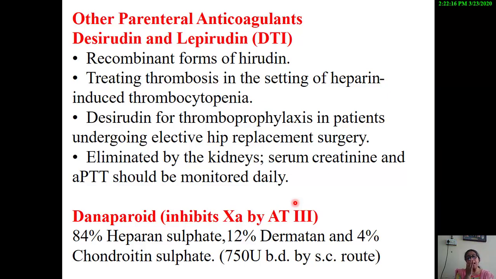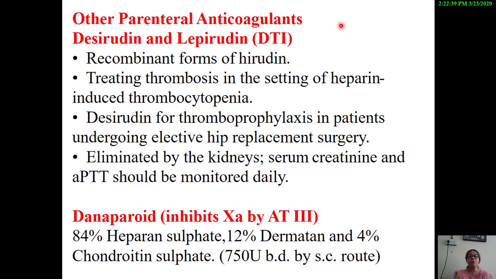Okay, the other parenteral anticoagulants, which similar to bivalirudin, are desirudin and lepirudin, which are also hirudin analogs, and similar to bivalirudin, these two compounds are also primarily excreted by the kidneys, so they would require a dose modification in patients with renal dysfunction.